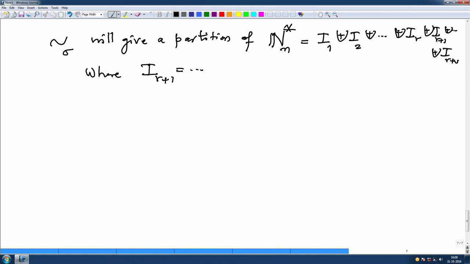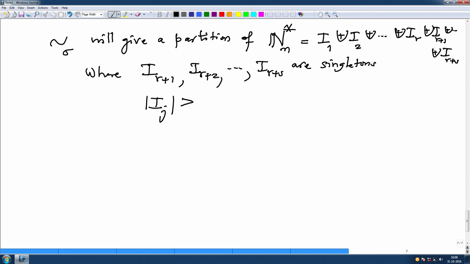I do not need to write what it is. I_{r+2} up to I_{r+s} are singletons. And I_1, I_2, up to I_r will have cardinality bigger than or equal to 2, for j from 1 to r.